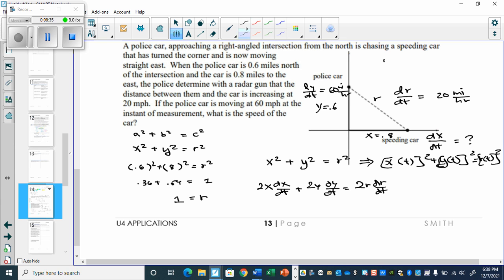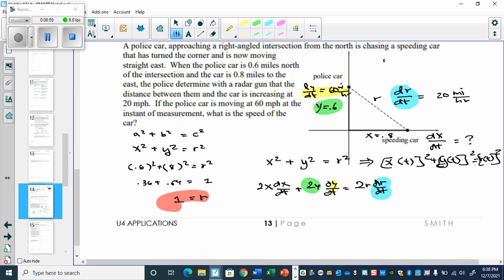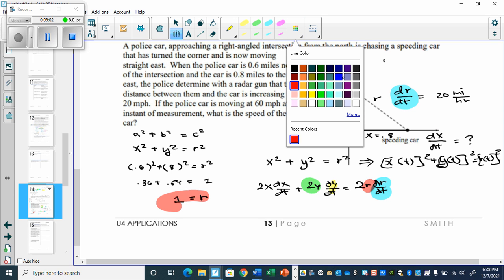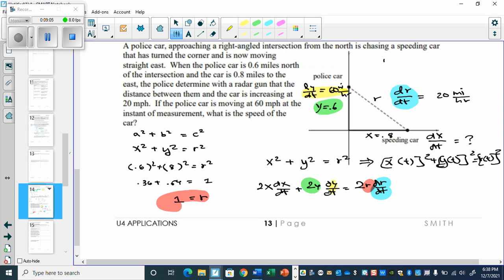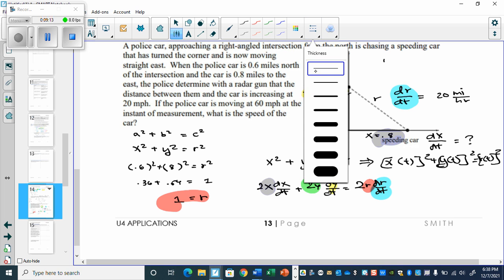And if you notice, I have a lot of things already. This is where the highlighter comes in handy. I have dy/dt, it's right there. I have y, it's right here. I have dr/dt, I have r, I have x. I don't have dx/dt. So I'm just going to plug those in, use some algebra, and solve.